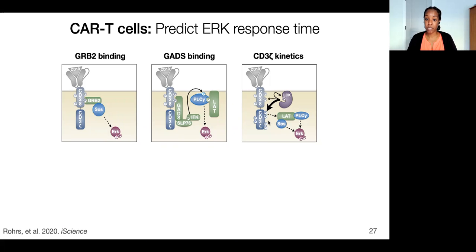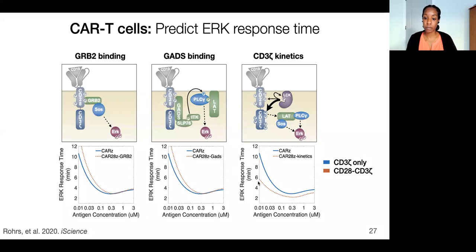And then we also implemented a third strategy that is taken from submodel 2 that I just presented to you, which is the effect of LCK having a faster phosphorylation of the sites on CD3 zeta when CD28 is present. Okay, so we can implement each of these hypotheses individually and then predict the ERK response time as a function of the level of stimulation.